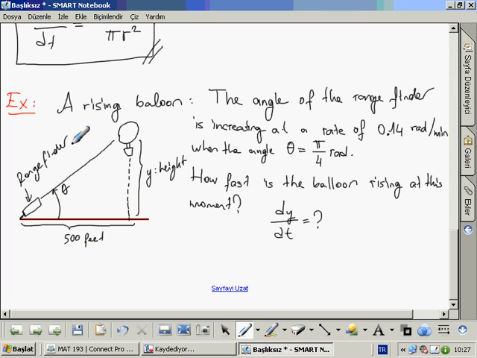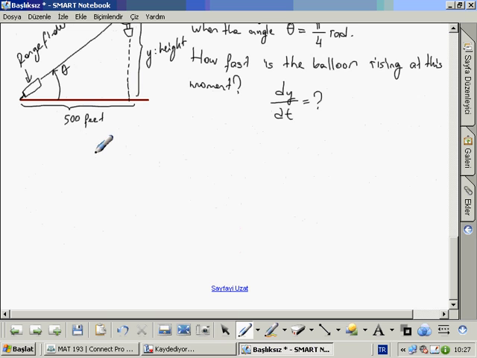And what can we say about it? At first we know that del theta over del t equals 0.14 radian per minute when theta equals pi over 4 radian.